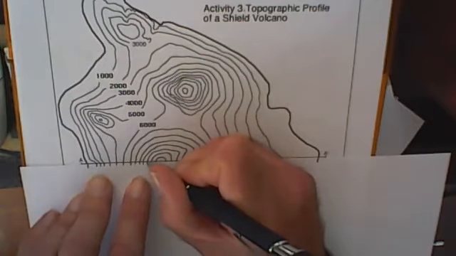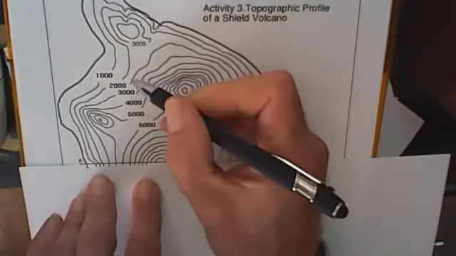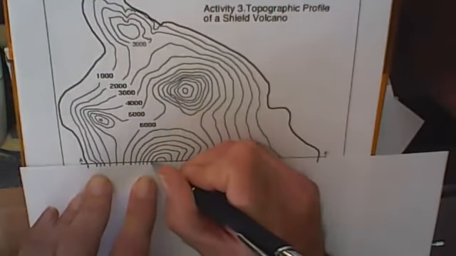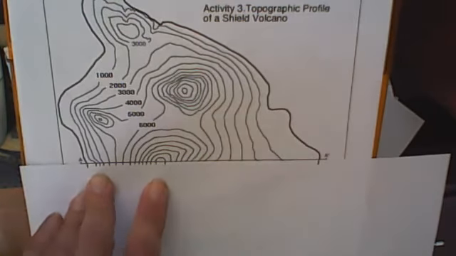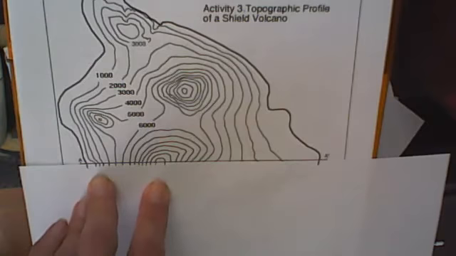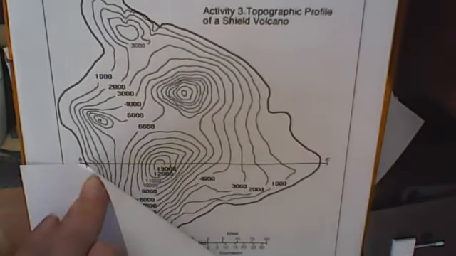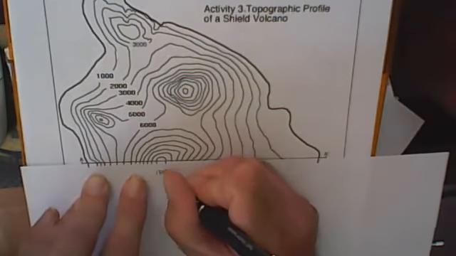And we know what the contour interval is. It's a contour interval of 1,000 feet. So we need to be aware of that. And what's good to mark is when you hit either a valley or the top of the hill. So in this case, we have the top of the hill. We notice that it's 13,000 feet. So we want to make a note of that, so we remember.